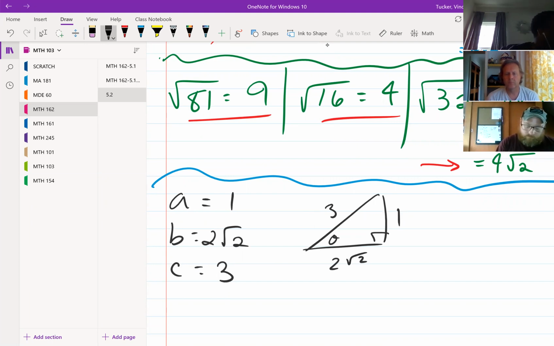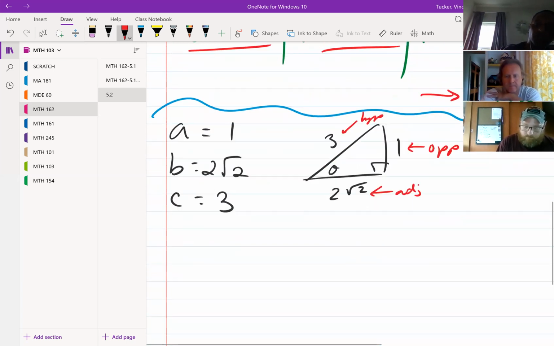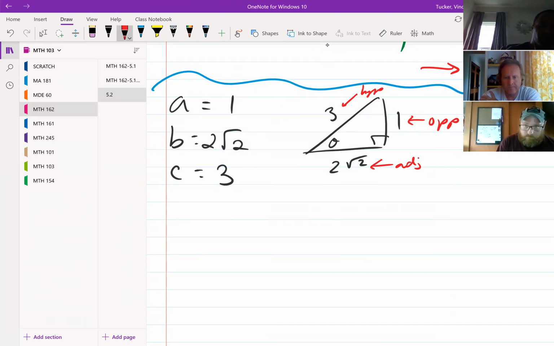Theta was in the corner, bottom left corner. Opposite of theta is 1. 3 is going to be our hypotenuse. And this is adjacent to theta, which is 2 square root of 2. So the reason why that's important, because that's how we said that we're setting up our sine, cosine, and tangent of theta.